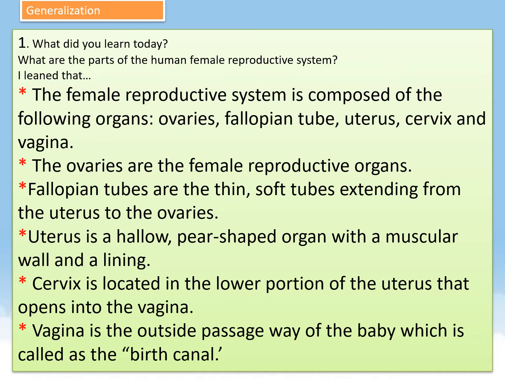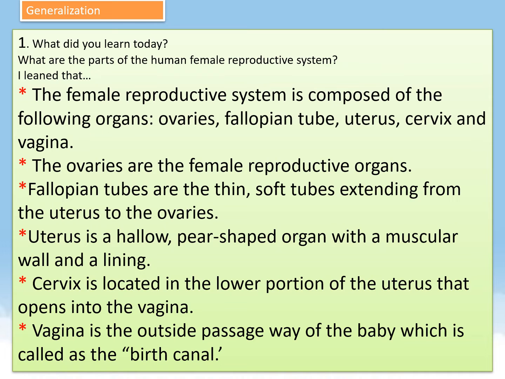What did you learn today? What are the parts of the female reproductive system? I learned that the female reproductive system is composed of the following organs: ovaries, fallopian tubes, uterus, cervix, and vagina. The ovaries are the female reproductive organs.